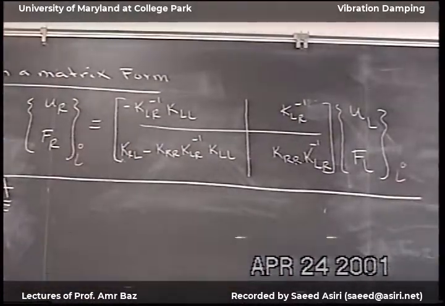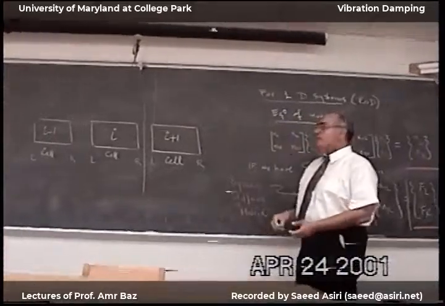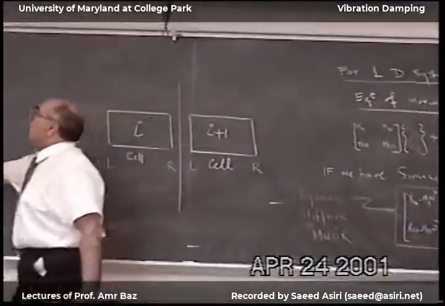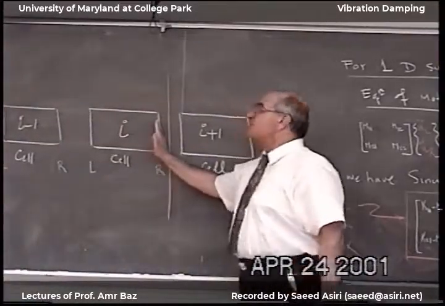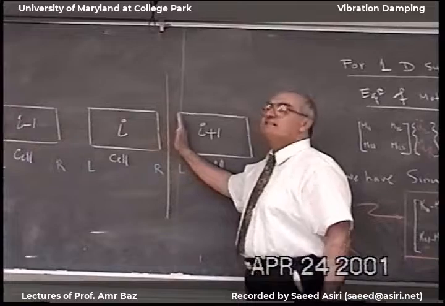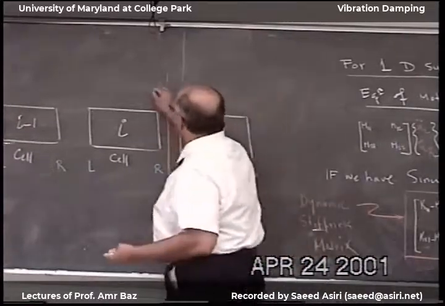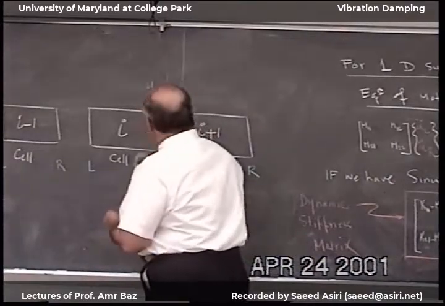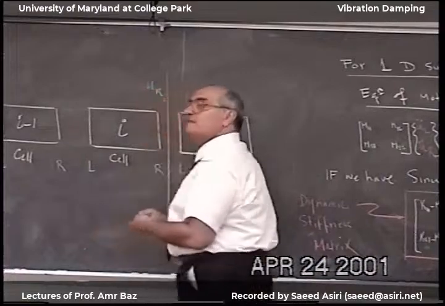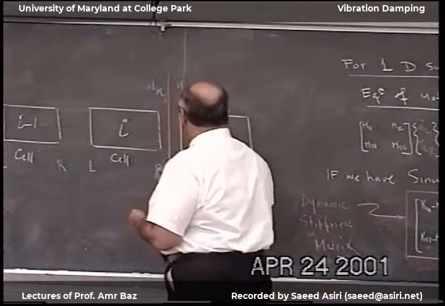If I come and look at this interface between cell I and cell I plus 1, this is a continuous medium. Continuous medium. So the displacement here is exactly the displacement here. So this means I have to have UR of cell I is equal to U left of cell I plus 1.